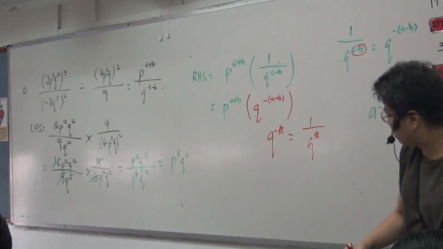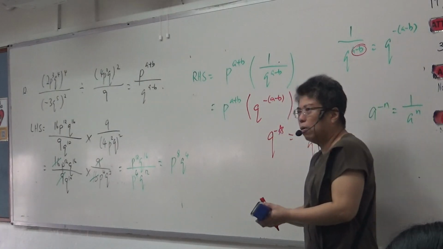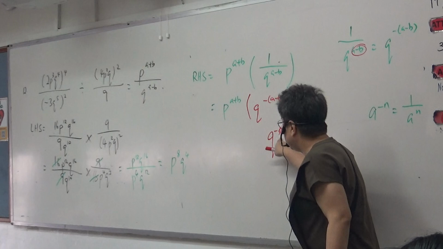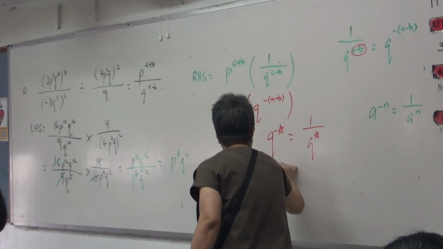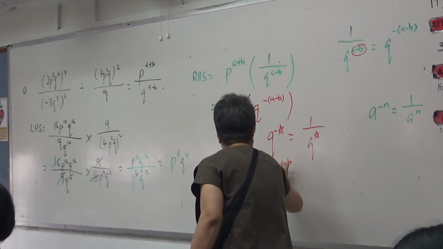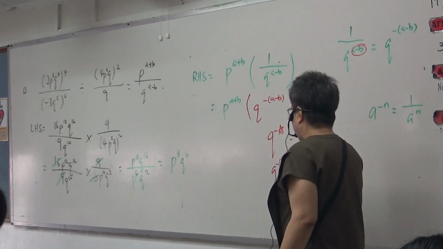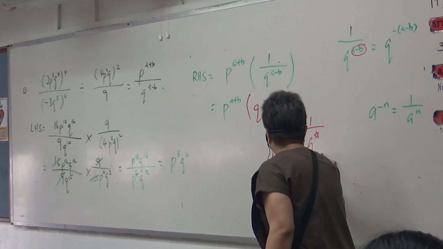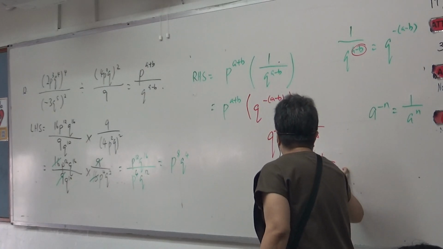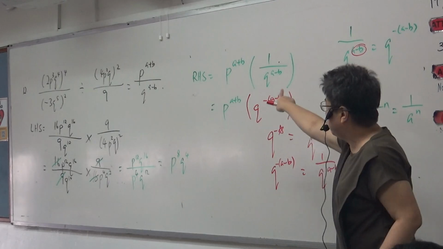Okay, I repeat again. Q minus star is 1 over Q star, right? So now is Q. If I put the star as A minus B, it will be 1 over Q A minus B, right? It will be equivalent to that.